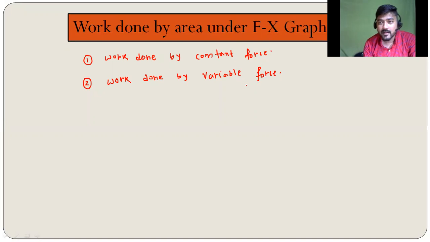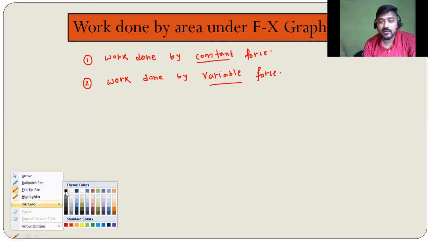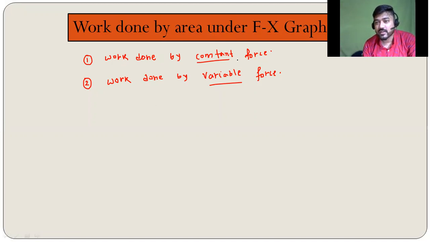Okay, but we have seen that either work done by constant force or work done by variable force, the work done can be calculated by the area under the F-x curve or F-x graph. Whatever be the work done, maybe due to constant force or due to variable force, for each and every case, work done can be calculated by the area under the F-x curve.